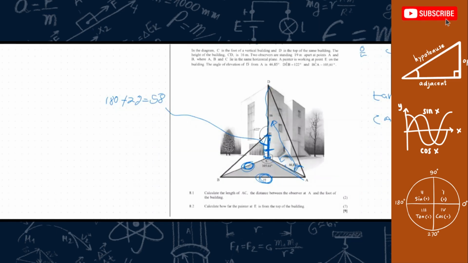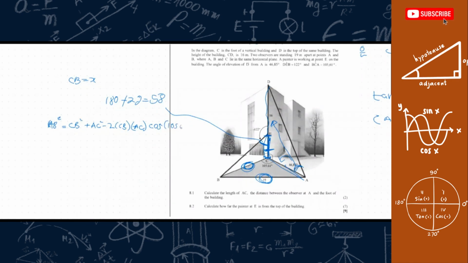Then we can go ahead and calculate this side by using our cosine rule. Let's say AB squared is equal to CB squared plus AC squared minus 2 times CB times AC times cos of 105.61. Let's just let CB be equal to X because I'm going to want to use numbers very soon and I don't want any complications.